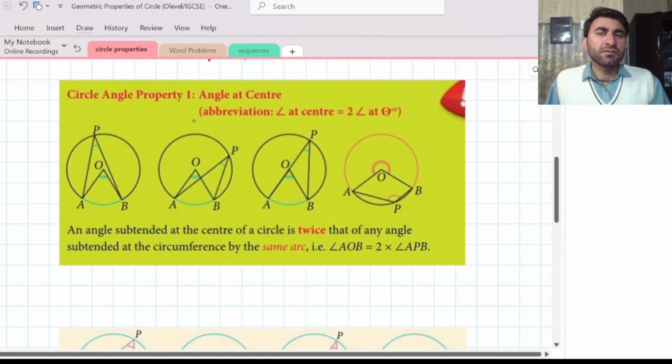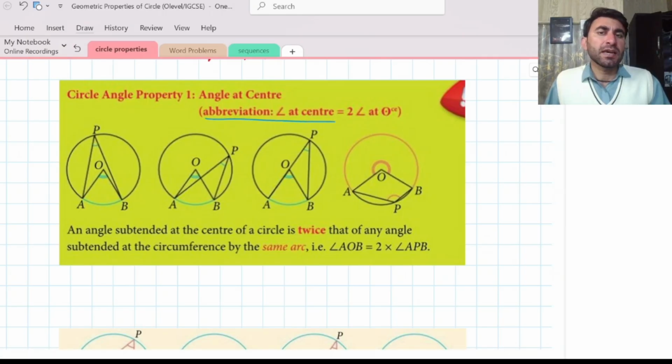So in this diagram, we can see that this property can be abbreviated as the angle at center equals 2 times the angle at the circumference. And in the diagrams, we can see that the point P on the circumference can be at any location, like it can be right above the center O, it can be right to the center as well, and it can also lie on the end point of a diameter. As we can see, this line segment over here is a diameter.